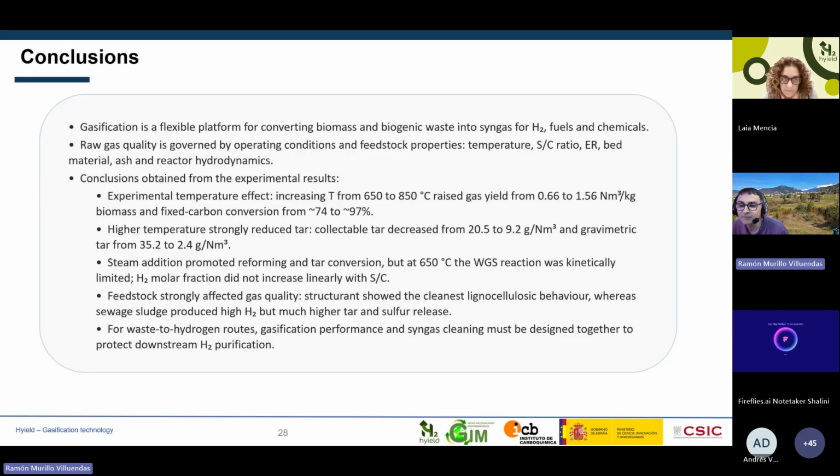At the same time, tar formation was strongly reduced, especially gravimetric tar, which decreased from 35.2 to 2.4 grams per normal cubic meter.